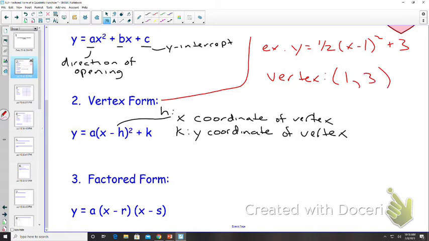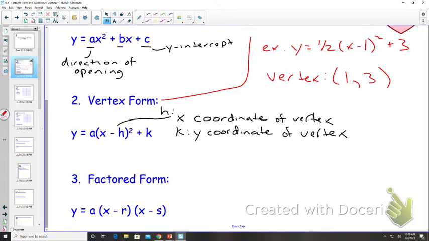So don't be confused by that negative sign. That's just what the formula is. If we have a negative value for h, it's going to be a positive value in the vertex, and if it's a positive h, it's going to be a negative. Again, we'll talk more about that when we get there.